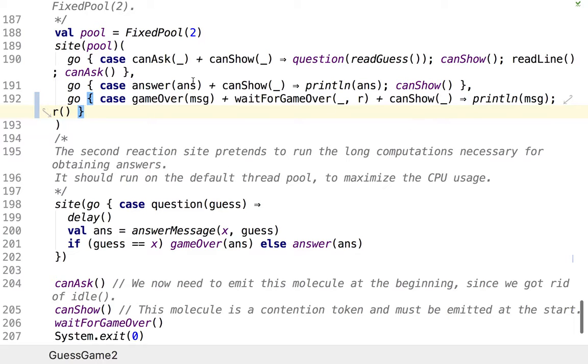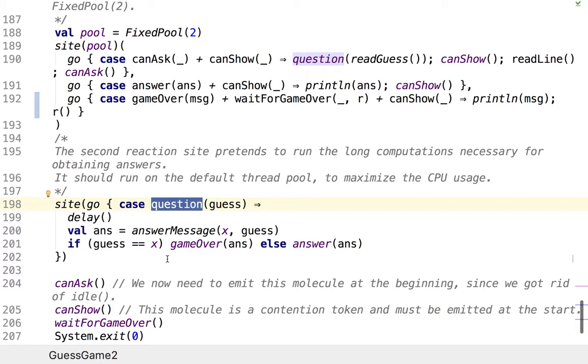So now all 3 reactions contend on this molecule, can show, and therefore they must be in a single reaction site. But this reaction does not have any common input molecules with these, and so it can be in a separate reaction site. So in general, it is better to have reaction sites as granular and as small as possible.